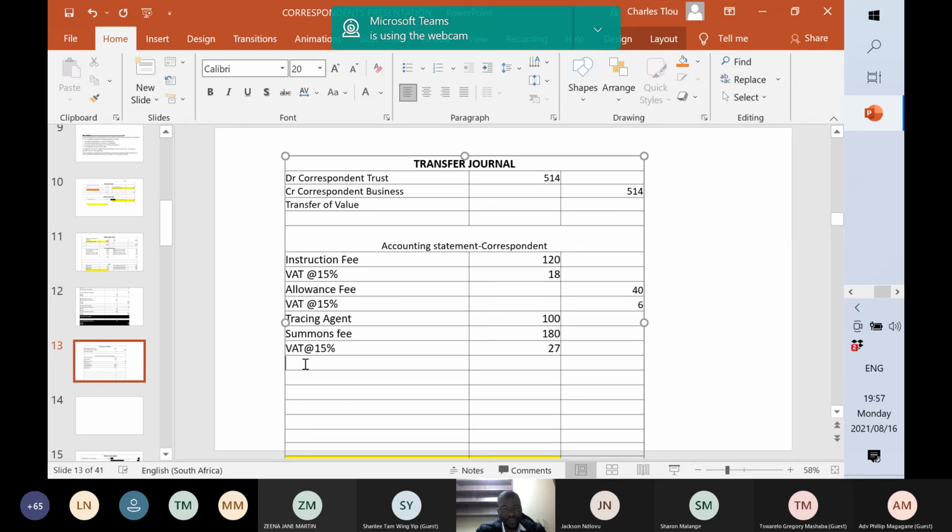Then every fee that you raise, you must give allowance. What is the third of 180? 60. And then also 15% VAT.